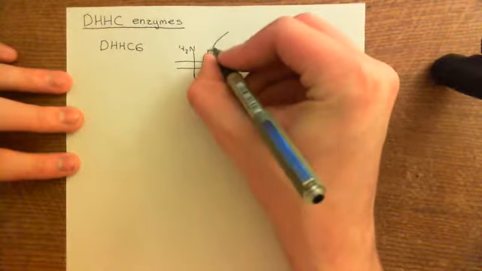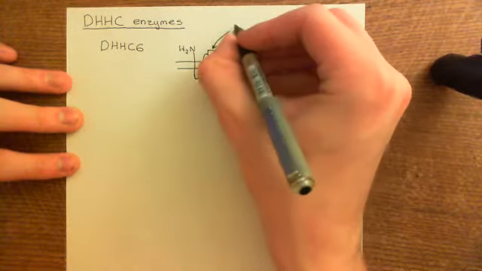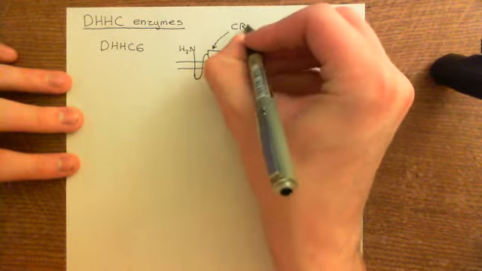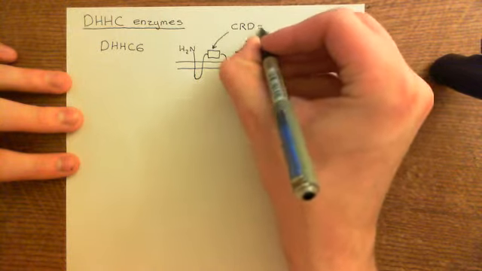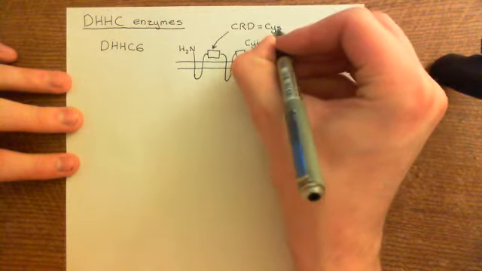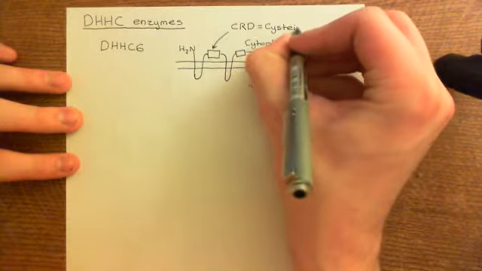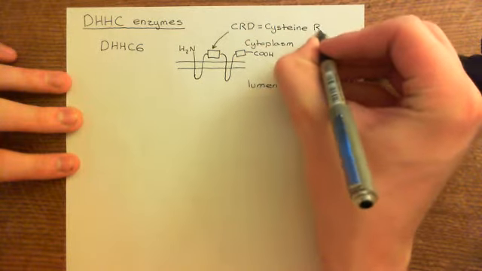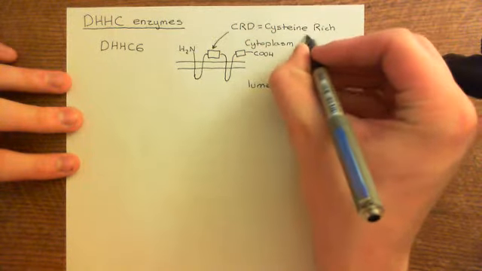We'll start with this one here. This is what is known as the CRD, which stands for the cysteine-rich domain. It has a lot of cysteine residues within it.